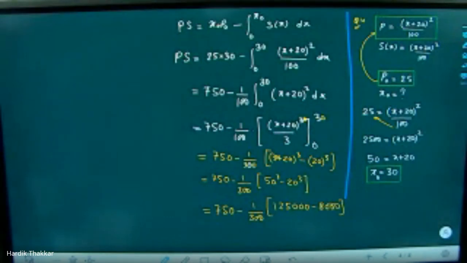Okay, you had applied a plus b whole square first, then you had integrated this.